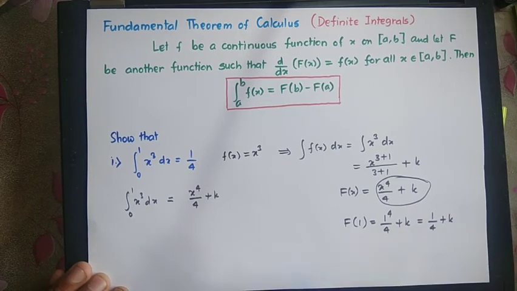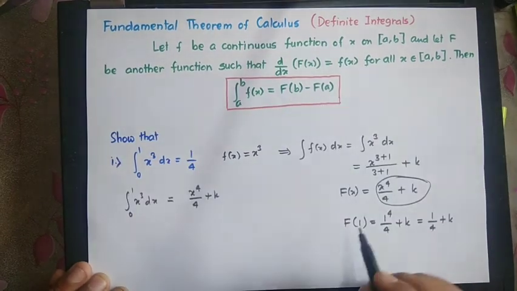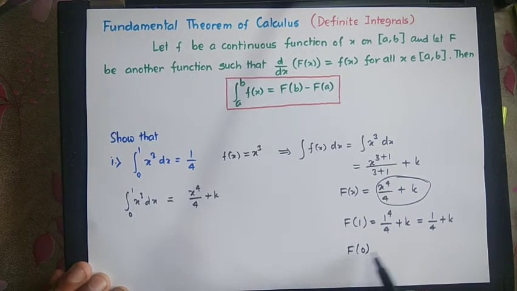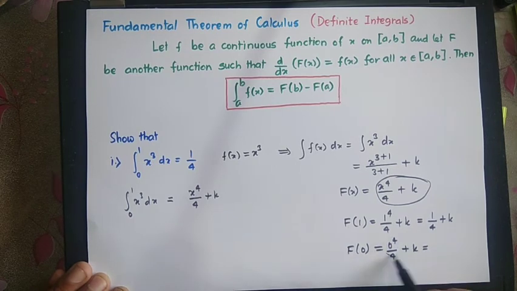And what is F(a)? A is 0, so instead of x I put 0. So it is 0 to the power 4 by 4 plus k. This quantity is 0, so only k is left.